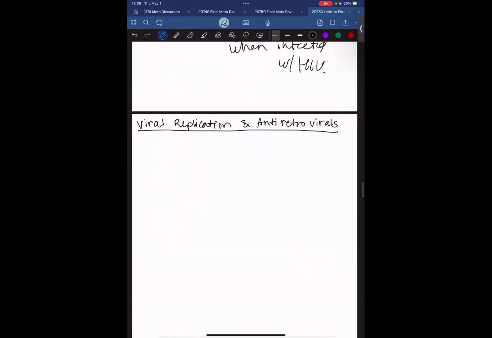So let's say you have your CD4 positive T helper cell, and it's infected. I want to make it way bigger than this.